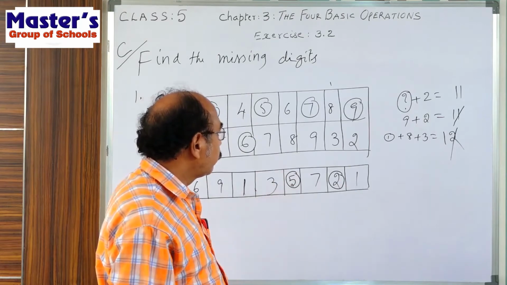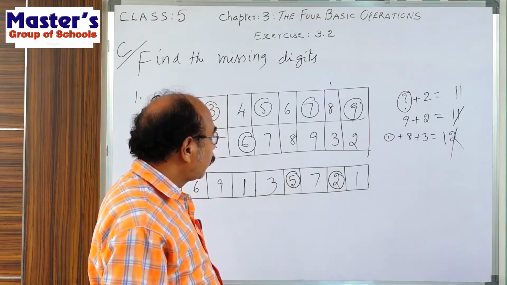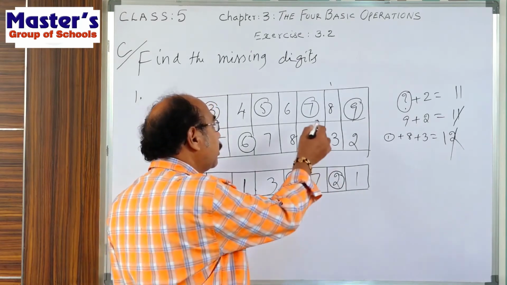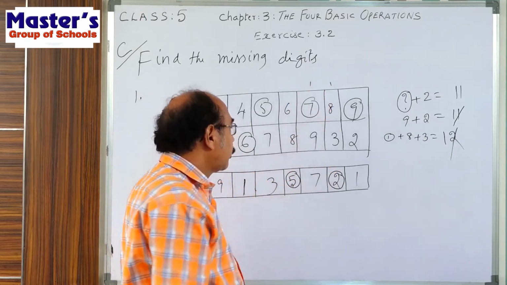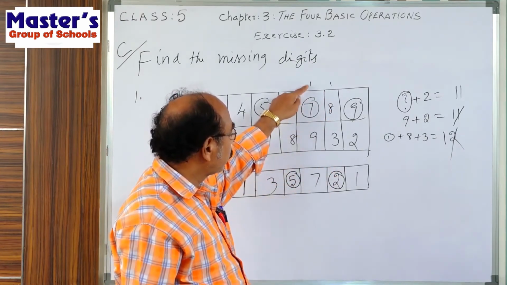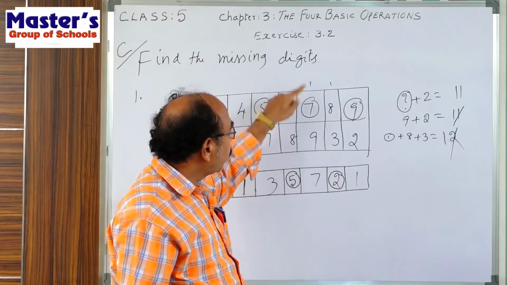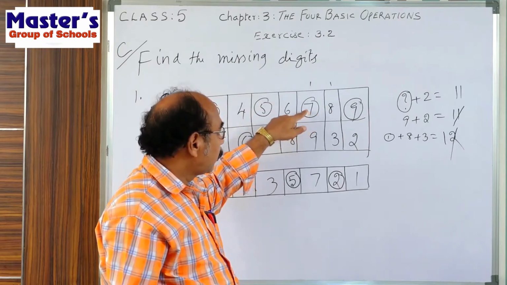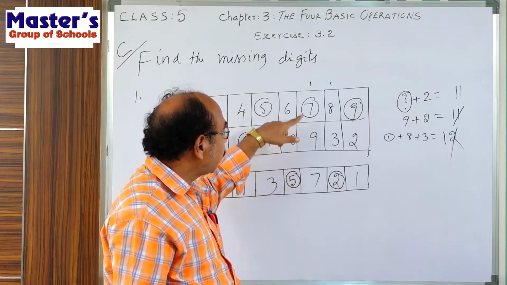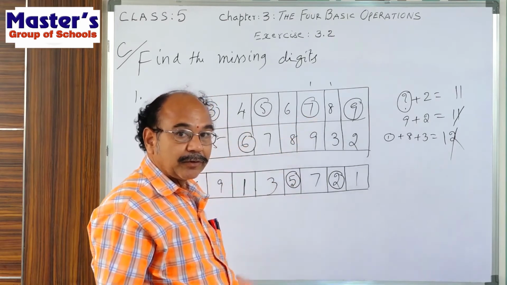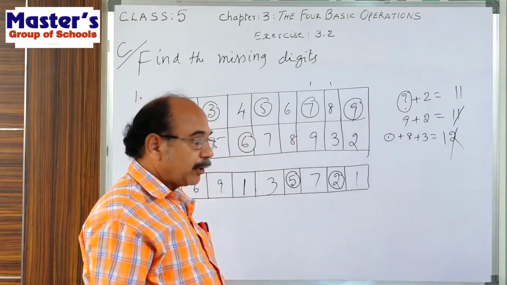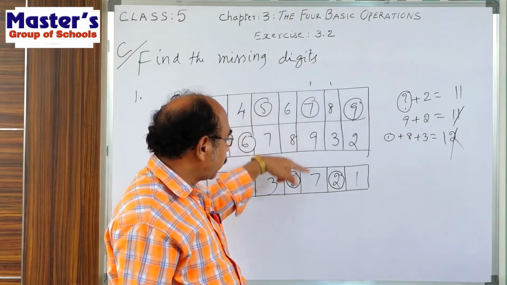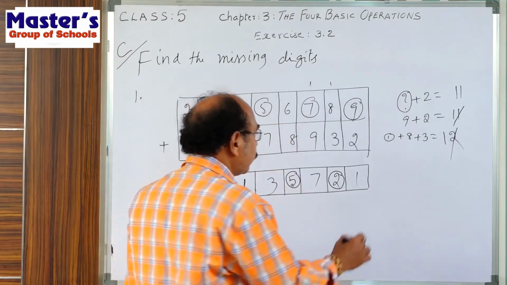Now 1 is there. 1 is to be carried to the next place. That is 100 place. Now 9 plus 1 is 10. Here blank is there. To get 7 here, what is to be added? 7 is to be taken. If we take 7, then 7 plus 10, 17 will come.